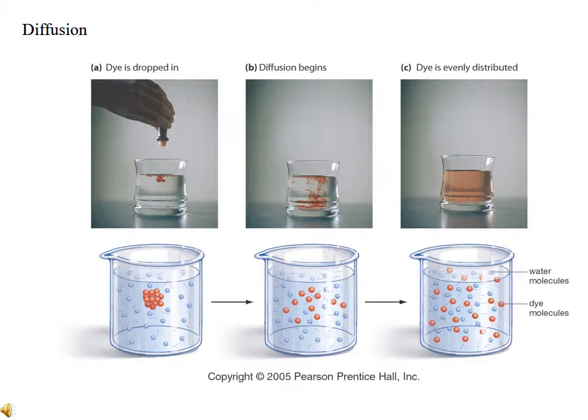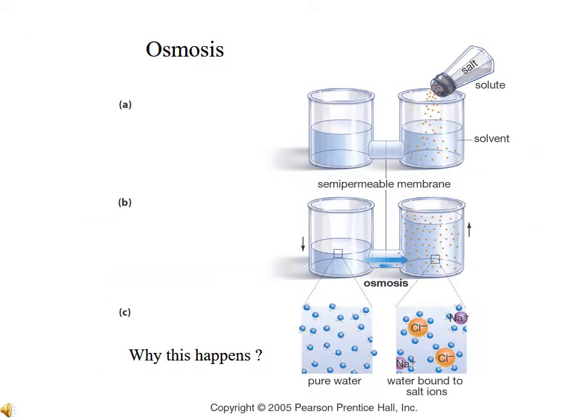Eventually, you're going to get an area of equilibrium. So this is basically simple diffusion, the movement of molecules from an area of high concentration to an area of low concentration.